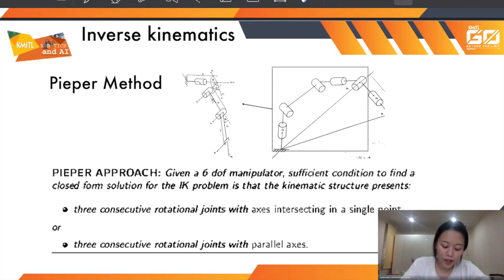It is the three consecutive rotational joints with axes intersecting in a single point, which is this one, the point of intersection.